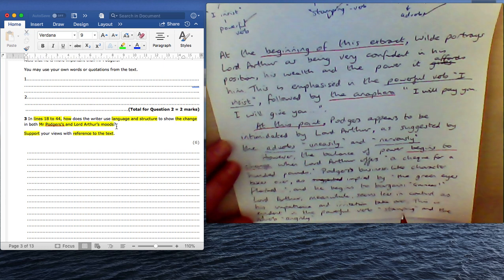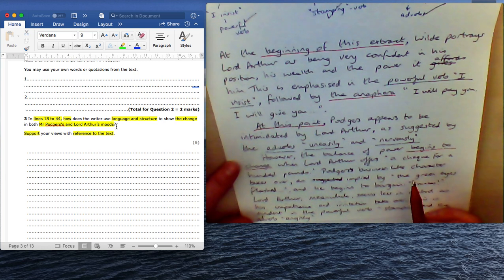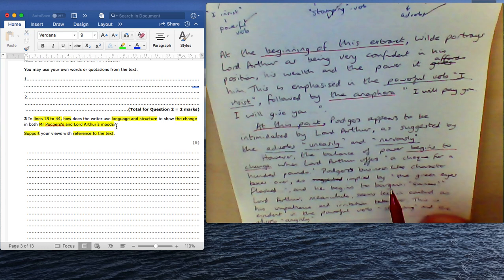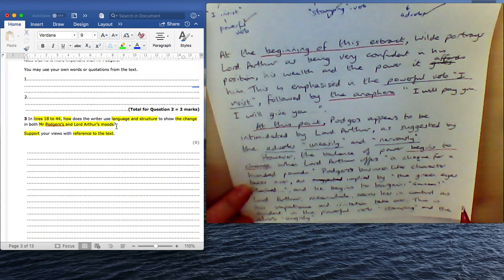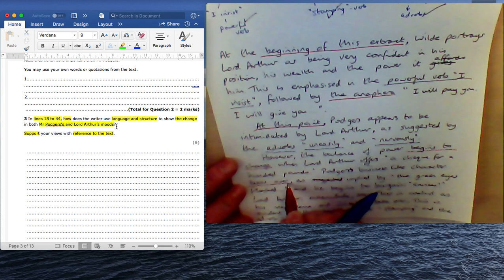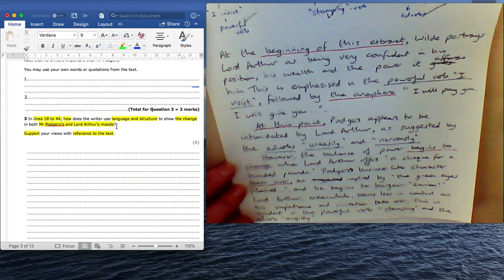So the balance of power begins to change when Lord Arthur offers a cheque for £100. So Podgers' business-like character takes over as implied by "the green eyes flashed." So this idea of "takes over" again suggests the change.